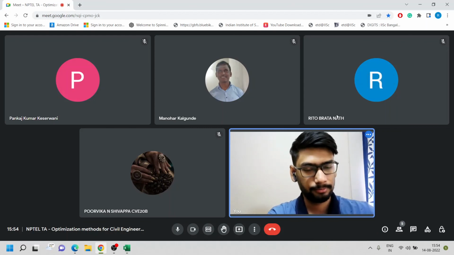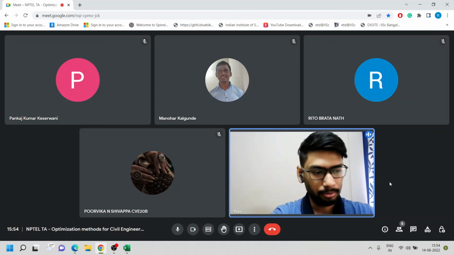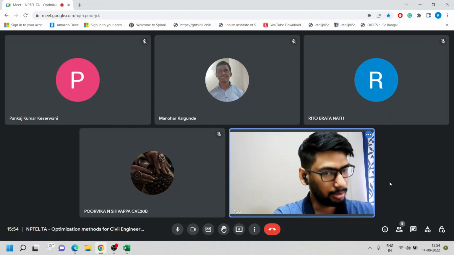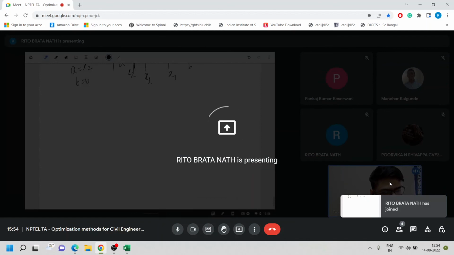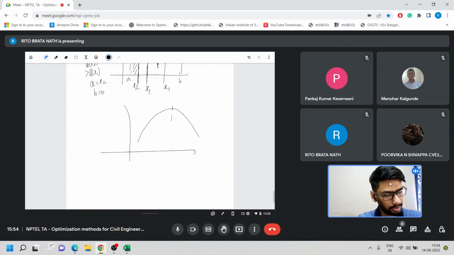Just be careful when you solve a maximization problem because the curve will change in that case. So let me see if I still have 2 minutes of my time. When you solve those maximization problems, the curve will be like this. Now you're maximized somewhere here. You are evaluating your x1 here and probably your x2 here.